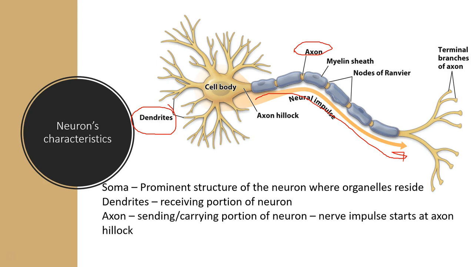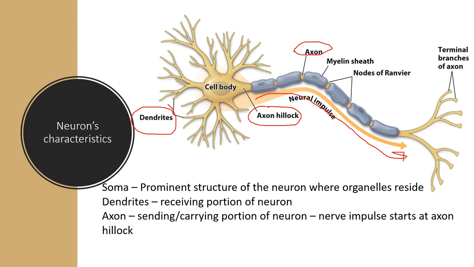The axon is the sending portion of the neuron and carries the nerve impulse down the axon, but it starts at an area of the axon known as the axon hillock. That's like the head or the beginning of the axon. The nerve impulse is essentially electricity generated in the axon that carries the message to the end.